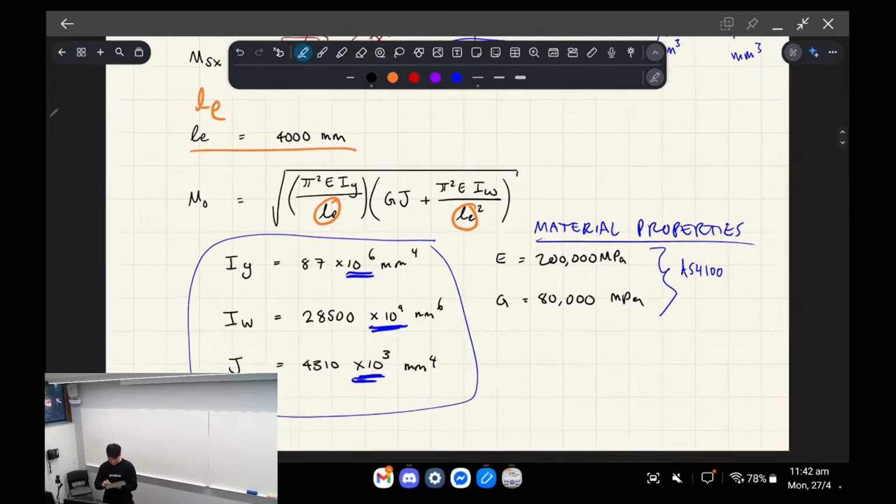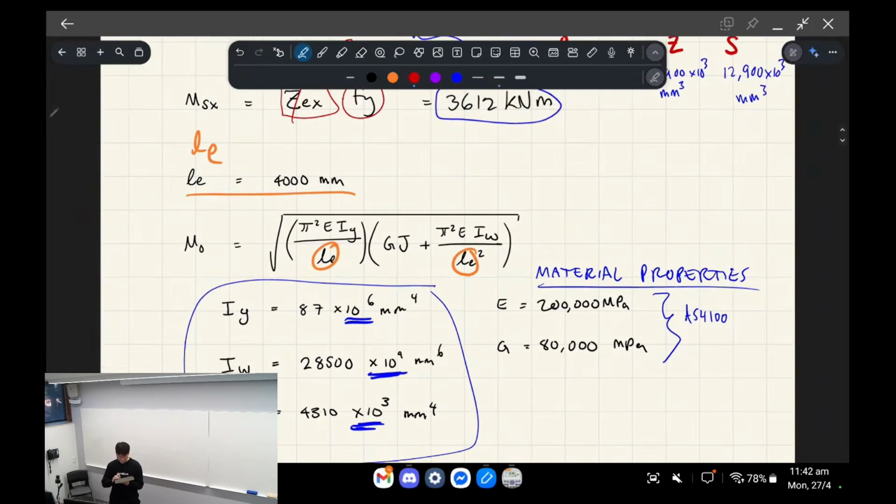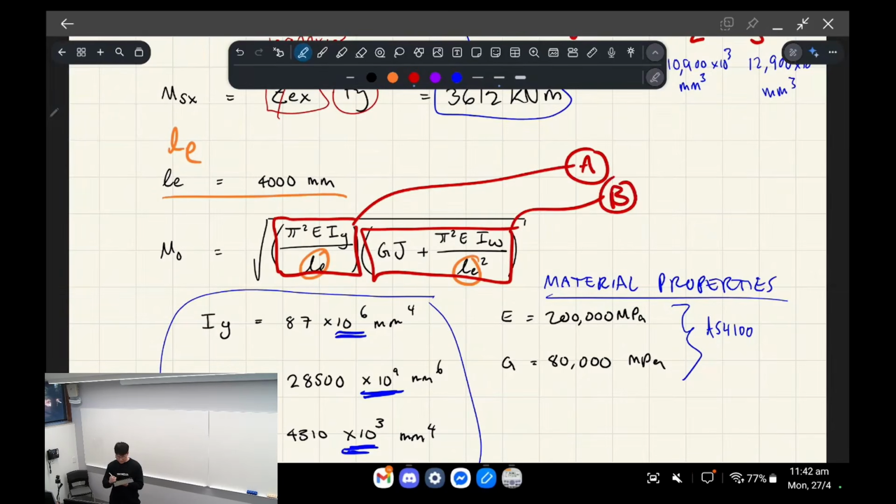When you're typing this into your calculator, more often than not you're going to run out of space. The calculator can only store so many numbers before it fails. So what I would recommend is that you compute this fraction and store it as A in your calculator, then store this as B, and then type in square root of A multiplied by B, and that'll give you your Mo value.